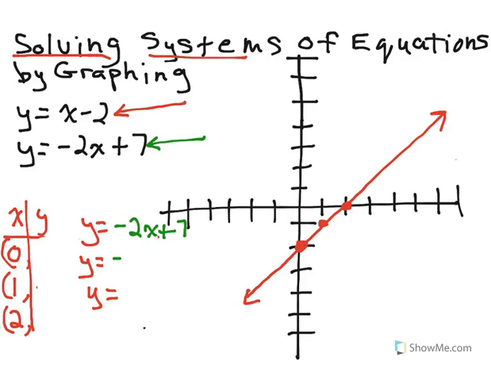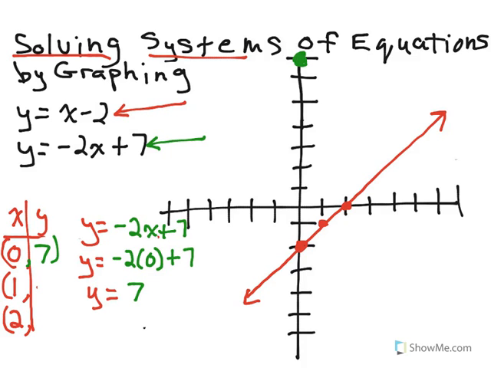If x equals 0, y equals negative 2 times 0 plus 7, which is 7. We have a set of coordinates for the second line, 0, 7, and we can plot that point, 0, 7.